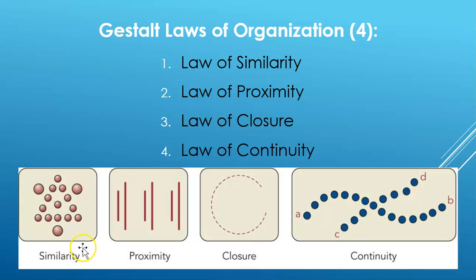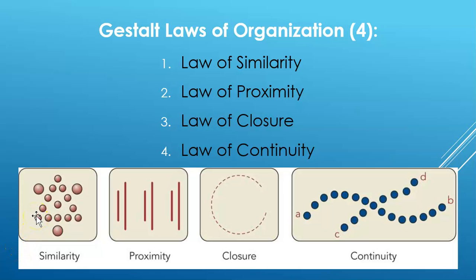What that's saying is that we're naturally going to group things that look the same. So in this image here, we've got a bunch of circles in two different sizes, and what our brain's going to do is group the dots that are the same size together, rather than grouping dots that aren't the same size.